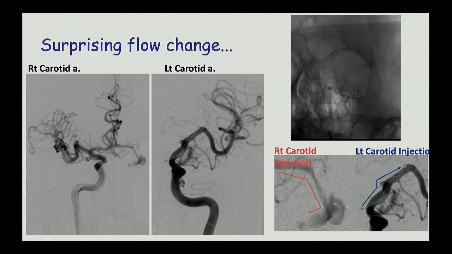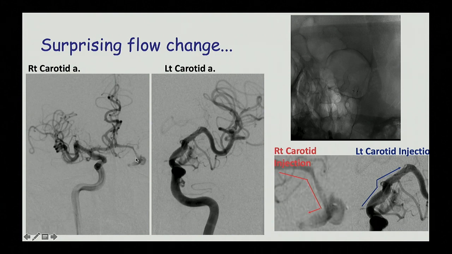But when you make an injection from the right, it's a very strange situation. If you look at the right, you see the right A1 segment, the left A1 segment, then something which is probably the internal carotid artery.